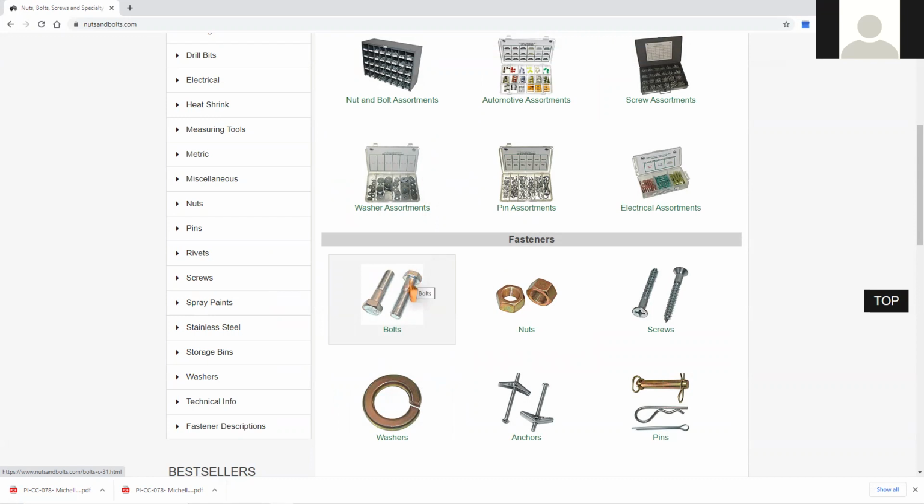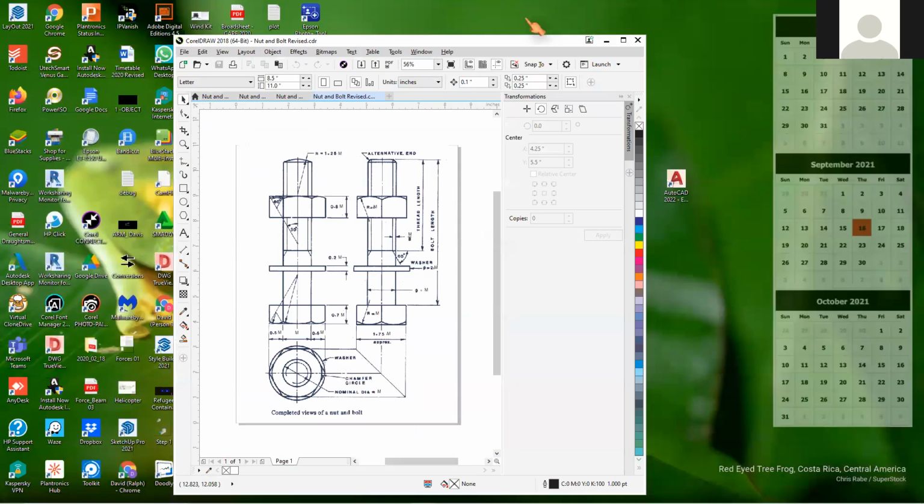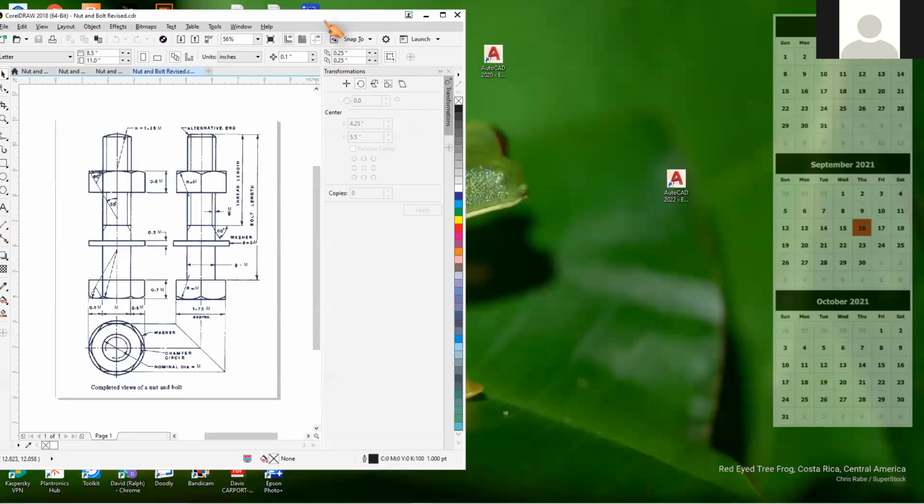Whatever spanner they tell you, a 15 spanner, they are talking about the distance from one flat side to the other flat side on the head. But in engineering terms, when you are given the size of a bolt, you are given the size of the shaft itself, the size of the threaded portion. And in CXC, that is given as M. So let's say you have to draw a bolt M10.